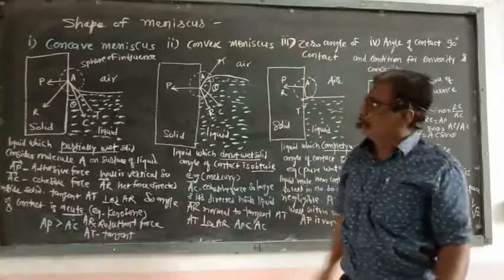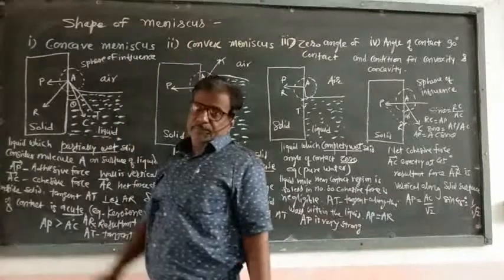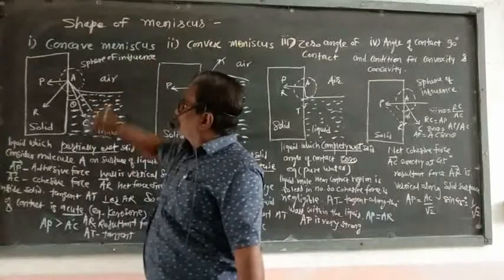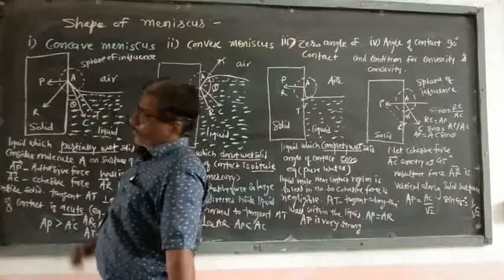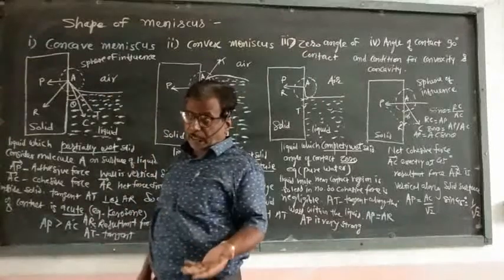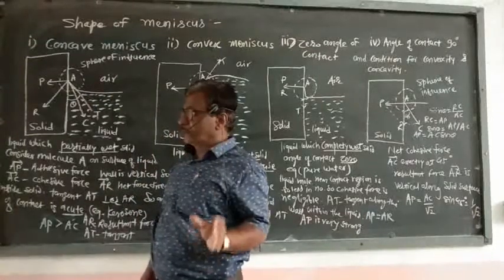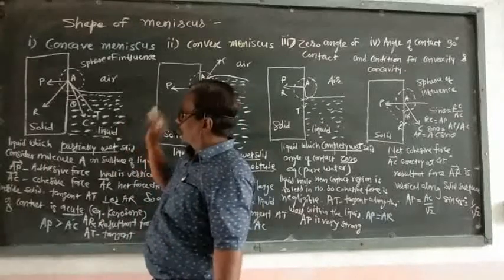Now our article name is shape of meniscus. Here we see the first case, number 1, the concave meniscus. When we put a liquid in a capillary tube, the position of the liquid surface is called the meniscus.